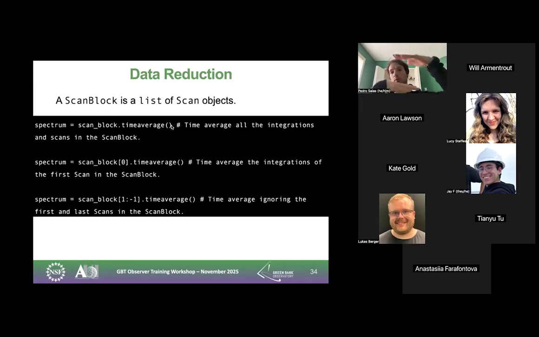It will basically collapse all the rows inside a scan block into a single calibrated spectrum, where you can just select the first scan within a scan block, calibrated, time average, give me a spectrum. So you can just look at them separately, or you can do ranges, right? Because this is a list, you can only do list indexing, but it's okay.